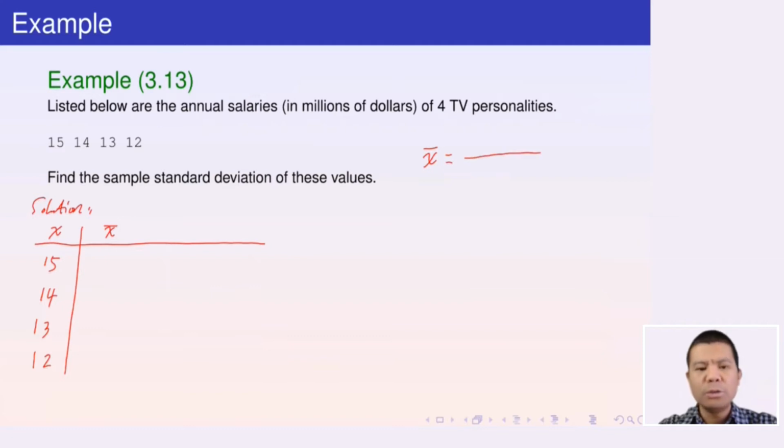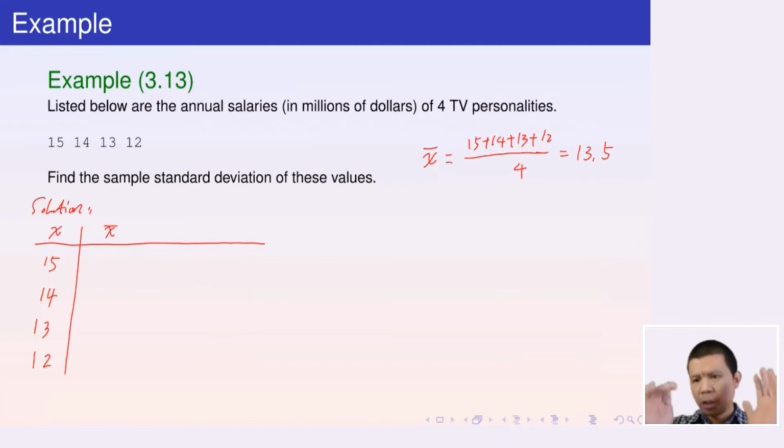So x bar equals the summation, 15 plus 14 plus 13 plus 12, over 4. And you can use a calculator. And this will give us 13.5. And you want to make this mean as accurate as possible. So this is already the exact value for the mean.